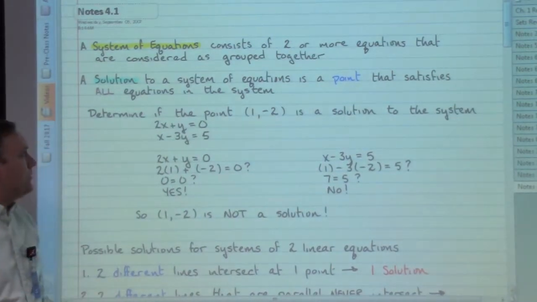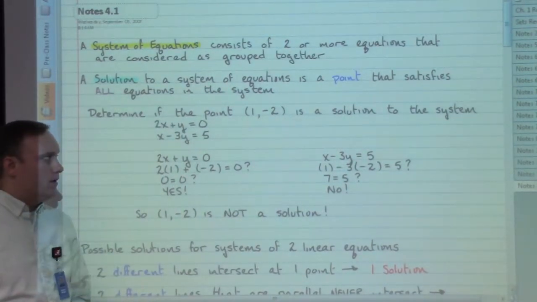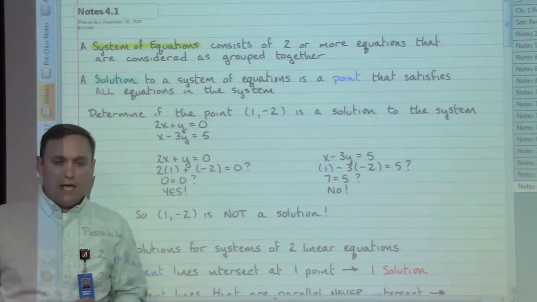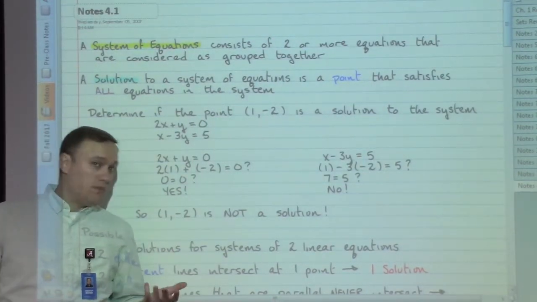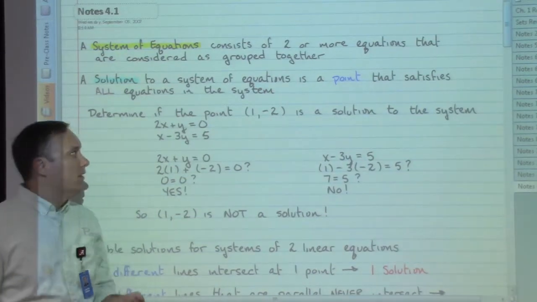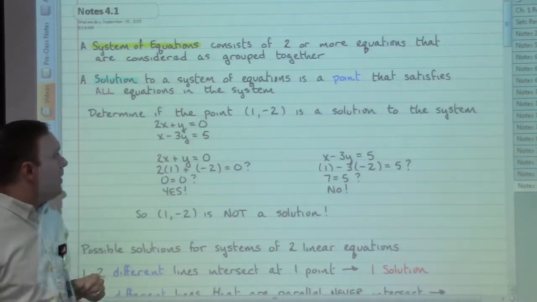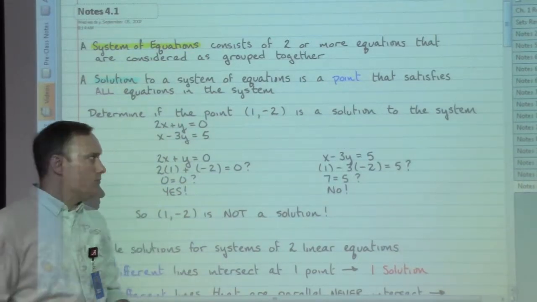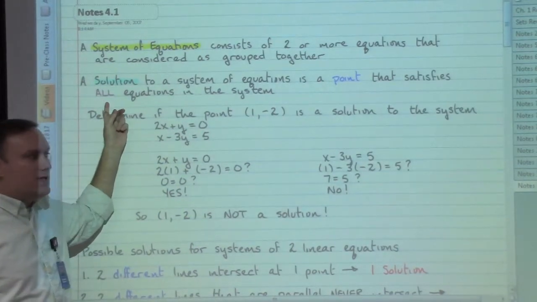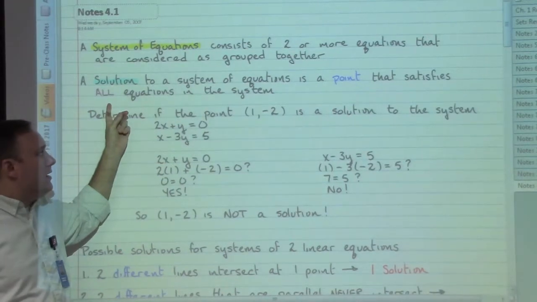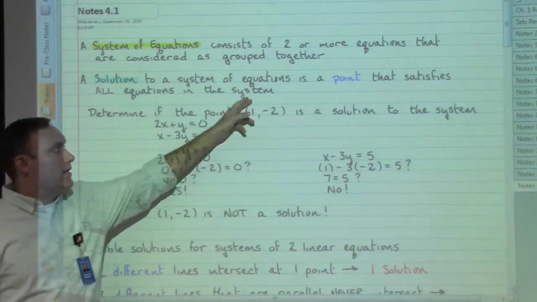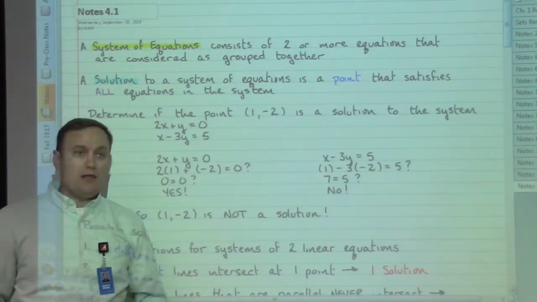So when we say that we're looking for a solution, well, that could mean a point, could mean many points, could mean no points, where those equations, and for now two, but it could be as many as we might be given. So we say kind of in general, it's going to be a point that satisfies all of the equations that are in this system, in this grouping that we've been given.